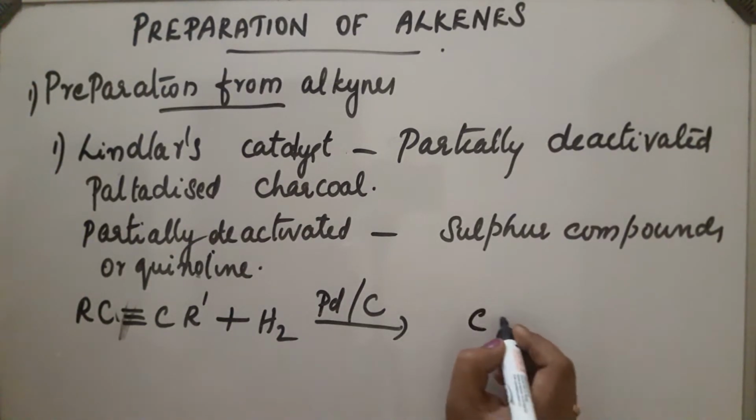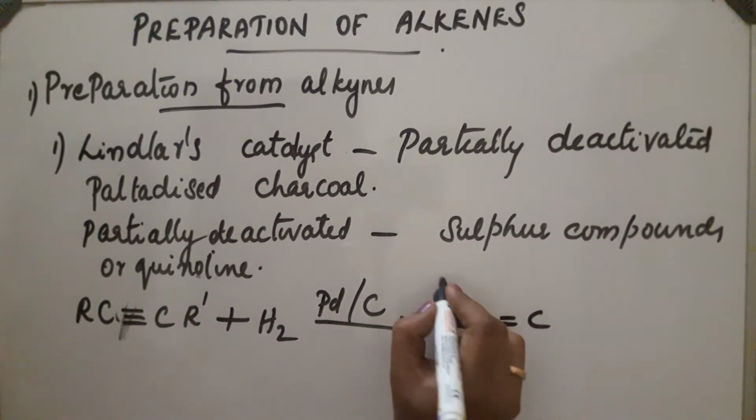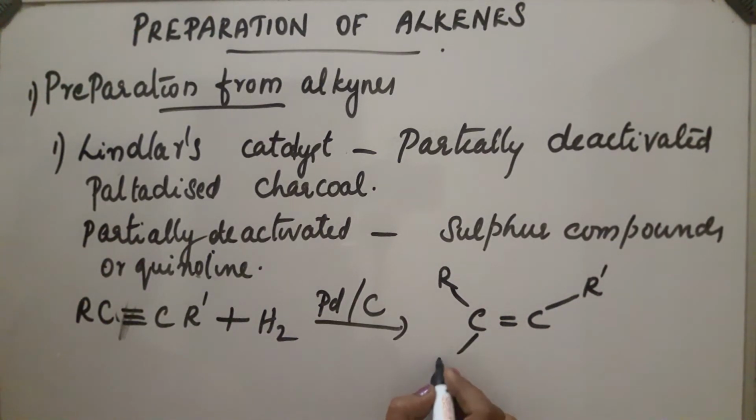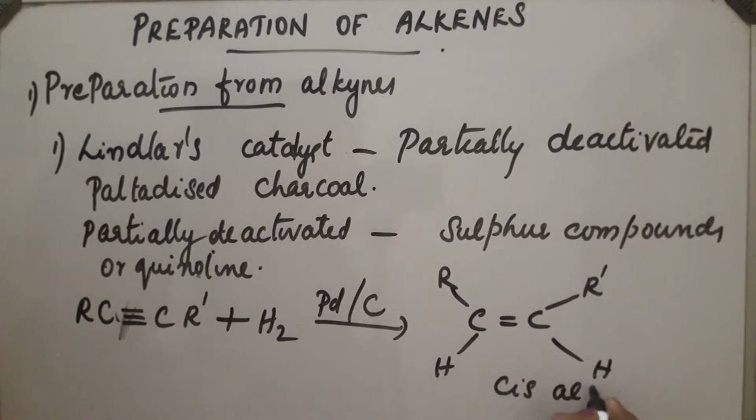The alkene obtained is cis, that is R and R' are on the same side of the plane. This is a cis alkene.